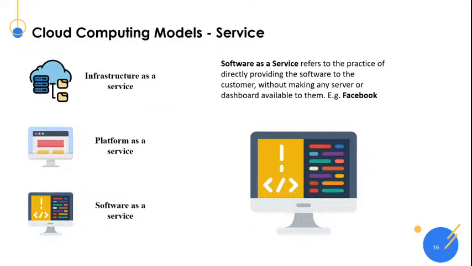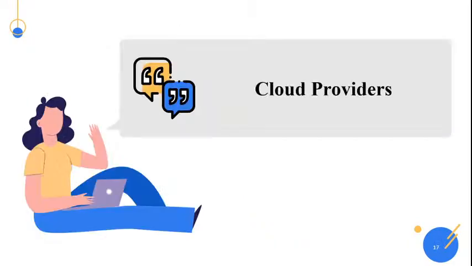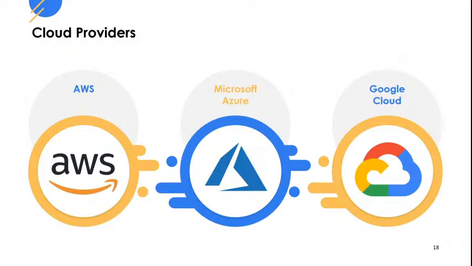Now moving forward, let's talk about cloud providers. Whatever we have discussed so far is generic to cloud computing. These business models that we discussed have been adopted by various companies which are out there, say AWS, Azure, etc. So companies like AWS, which is the most prominent one.